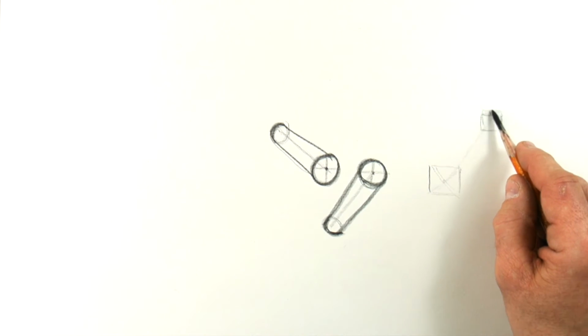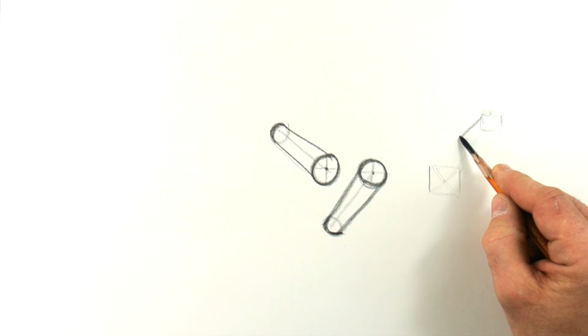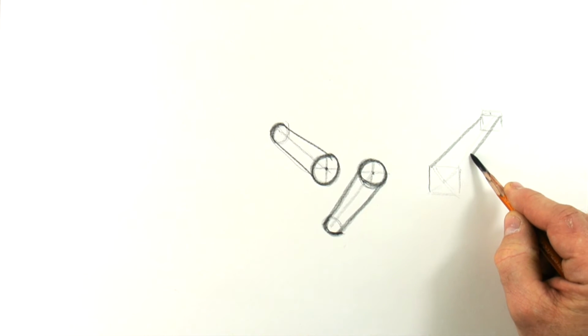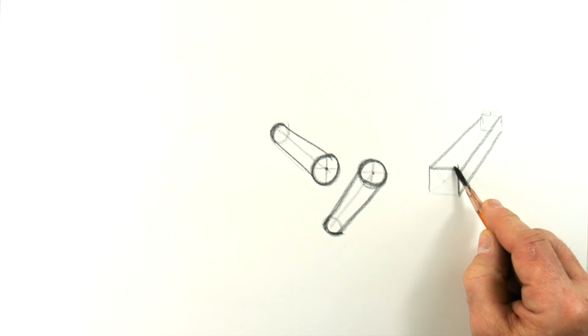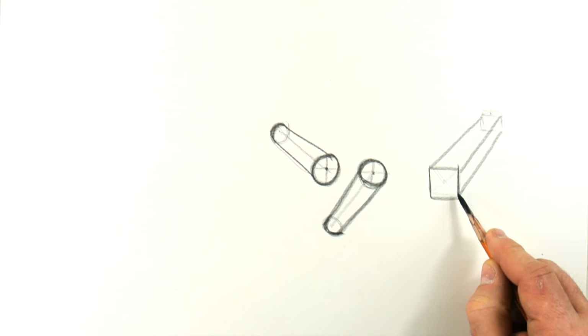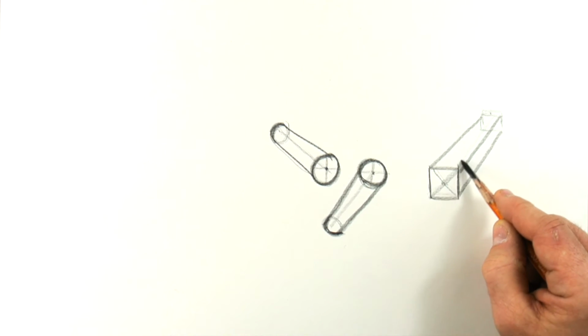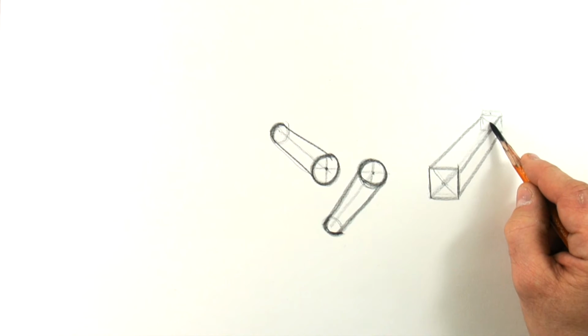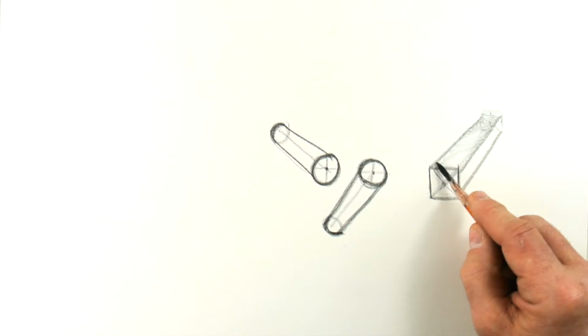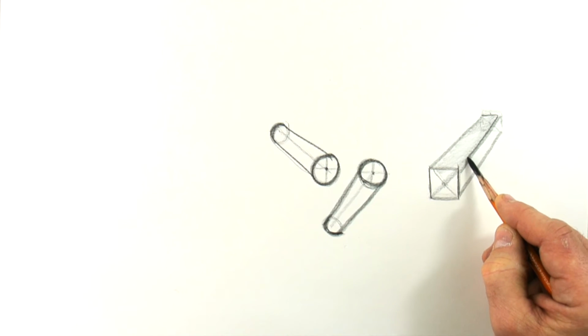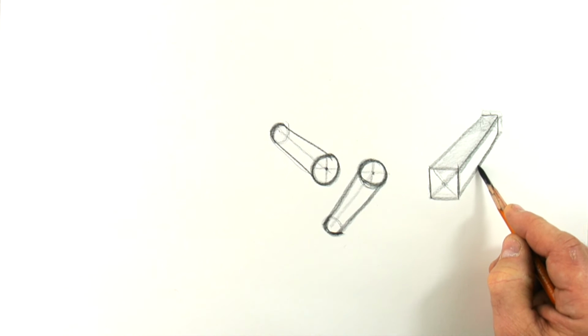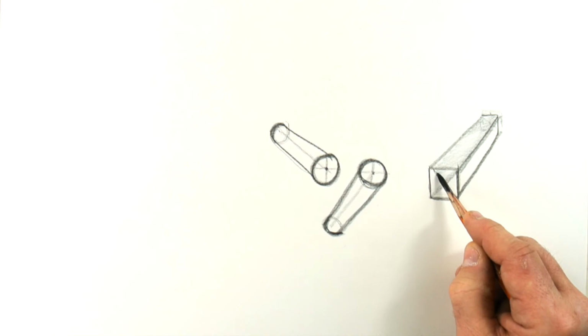You draw the same form and you connect the edges. And that would be the center line again. You can do the same thing here, so you have the exact center line. You can do a little bit of shading, like this, and like this, and like this.